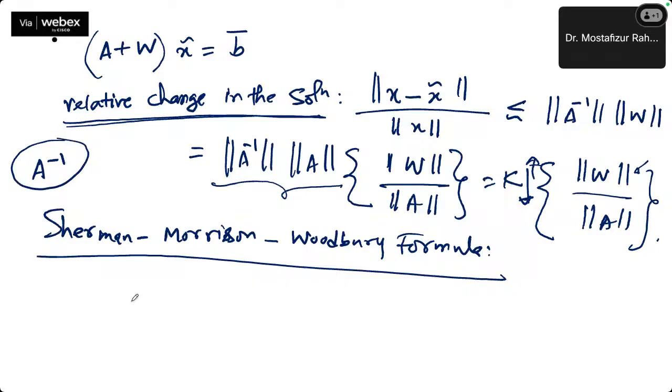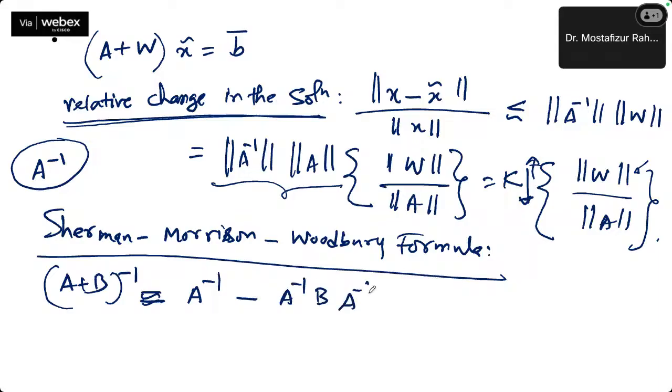But suppose you are given a problem: how to compute the inverse of A plus B. This is approximately A inverse minus A inverse B A inverse. So there is a theorem on how to calculate this, given by Sherman, Morrison and Woodbury.